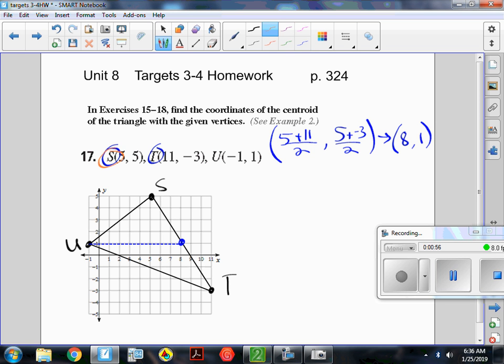Then I'll do S and U. So 5 plus negative 1 divided by 2, and 5 plus 1 divided by 2 gives you 2, 3.